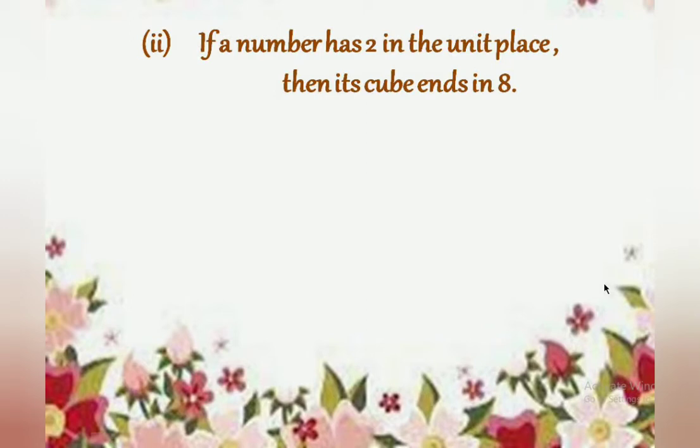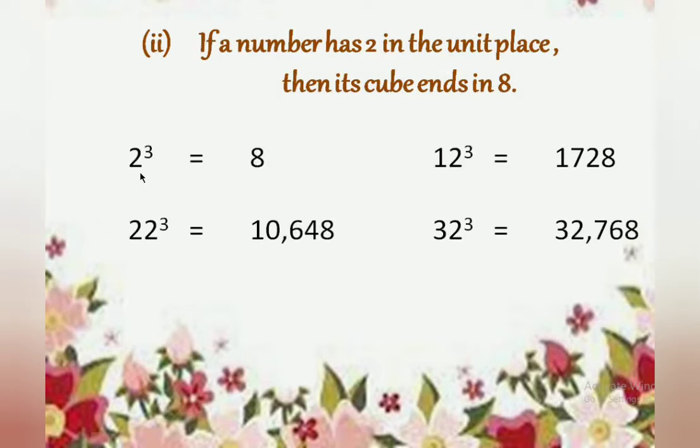The next one is: if a number has 2 in the unit place, then its cube ends in 8. Let's check it. Here it is 2 cube. 2 cube is 8. Next is 12 cube. 12 cube is 1728.